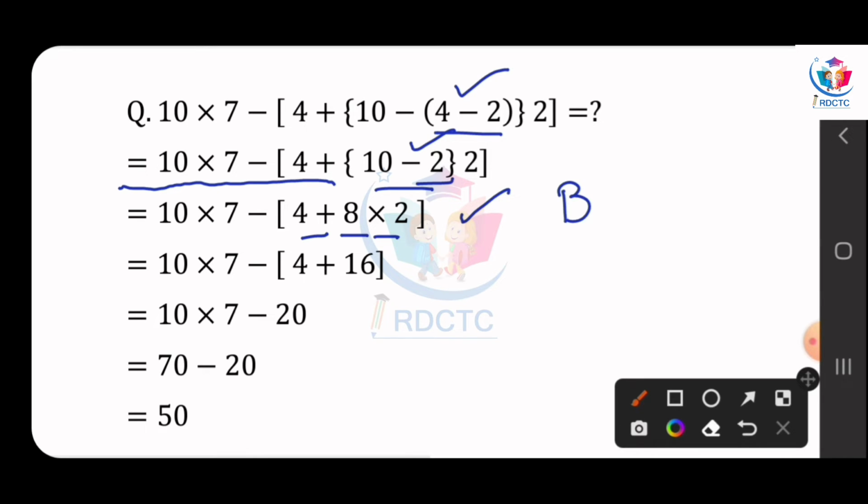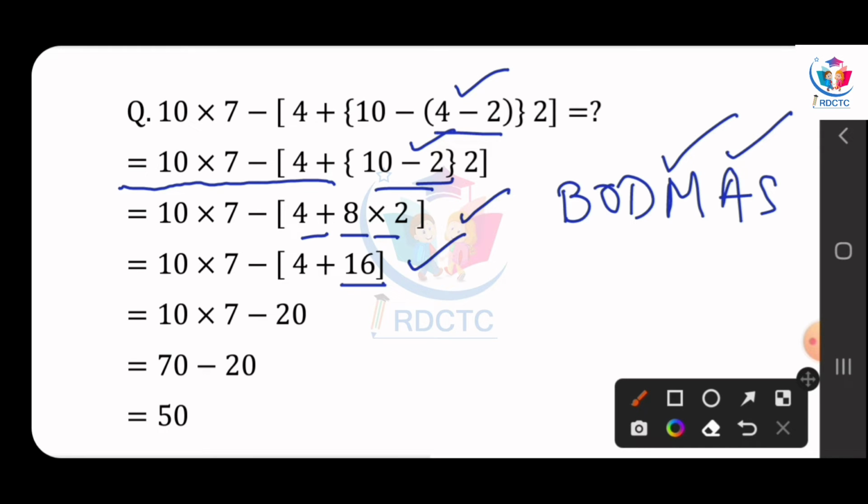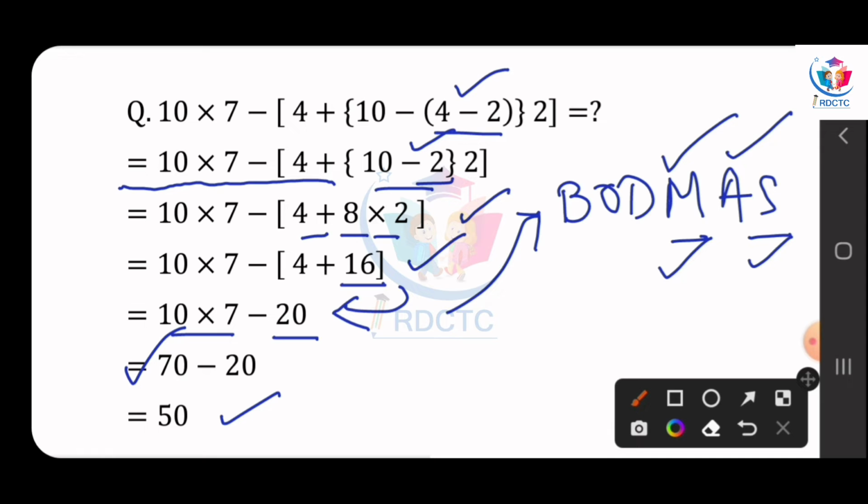According to the BODMAS rule, we have to do the multiplication first, then addition. Then 4 into 4 is 16 and here I write 4 plus 16. Now we add 4 plus 16 and we get 20 here. According to the BODMAS rule, first we do the multiplication and then subtraction. 10 into 7 equals 70 minus 20 and here we write 70 minus 20 equals 50.